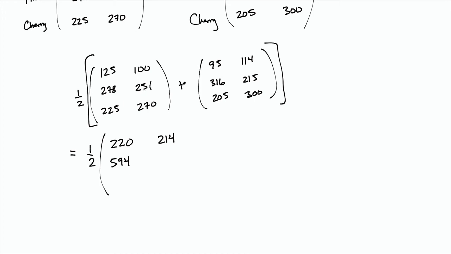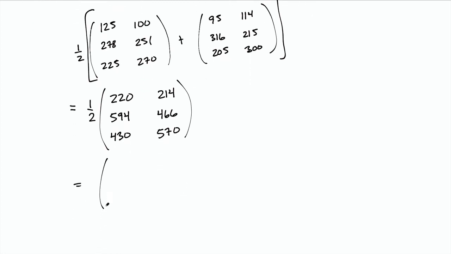And then 251 plus 215 is 466. 225 plus 205 is 430. And 270 plus 300 is 570. Okay, so that actually wasn't too bad. You're just adding those numbers. And then we bring the 1/2 in.